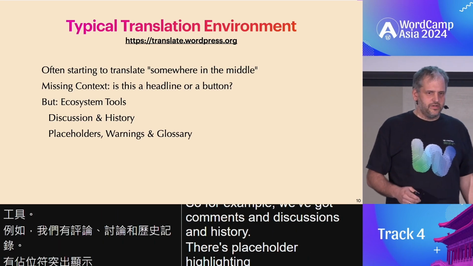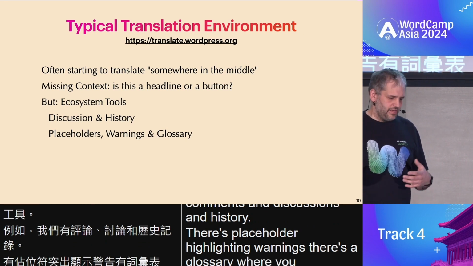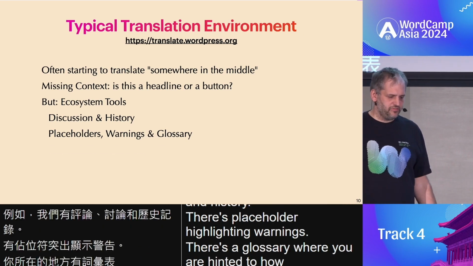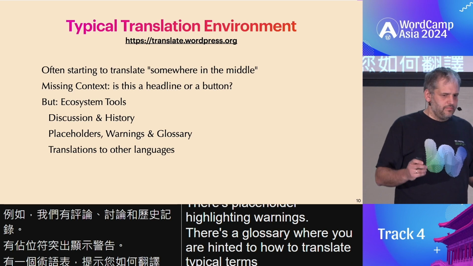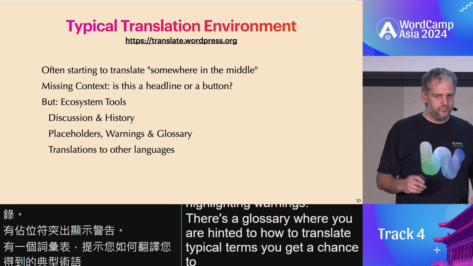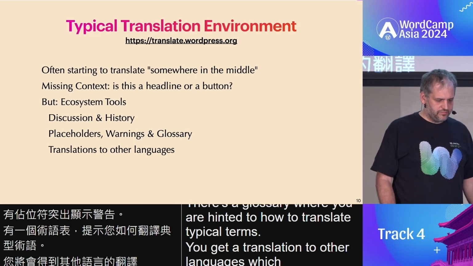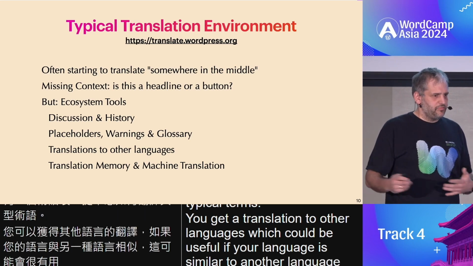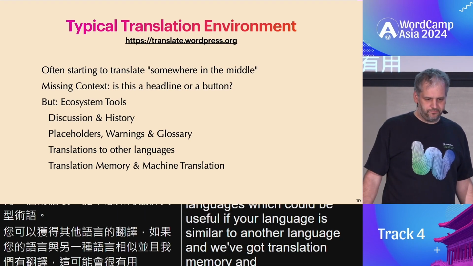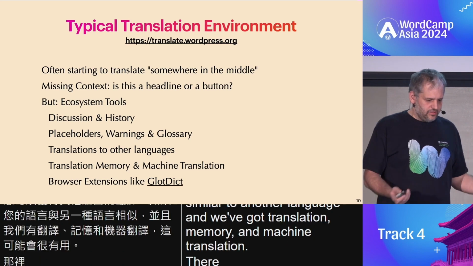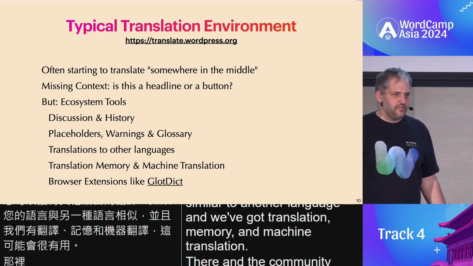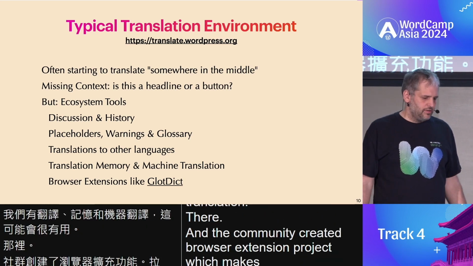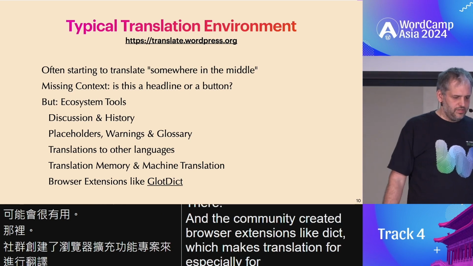There's a glossary where you are hinted how to translate typical terms. You get translations in other languages, which could be useful if your language is similar to another language. And we've got translation memory and machine translation there. And the community created browser extensions like GlotDict, which makes translation, especially for validators, much more convenient.